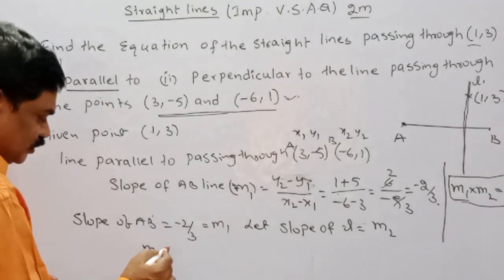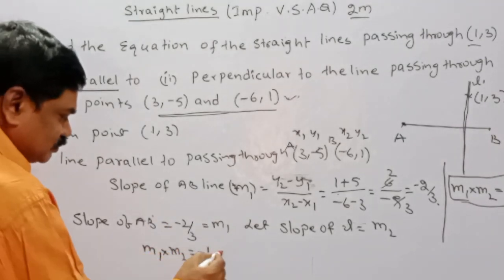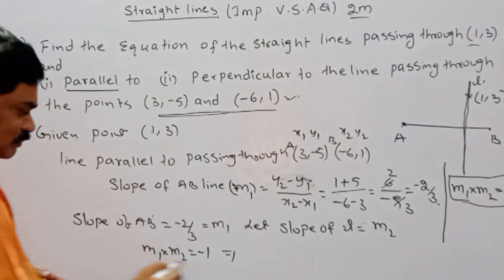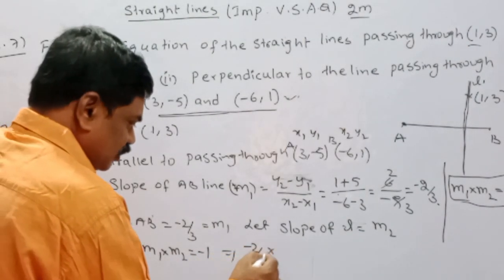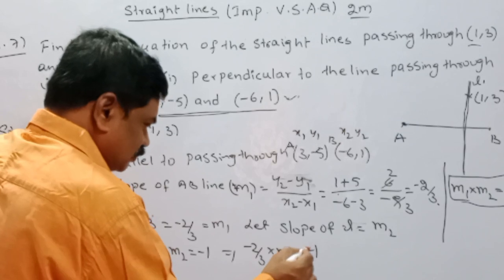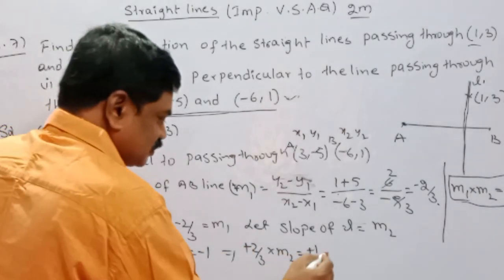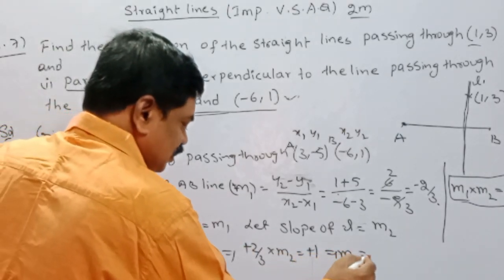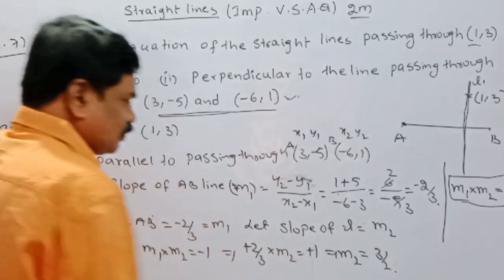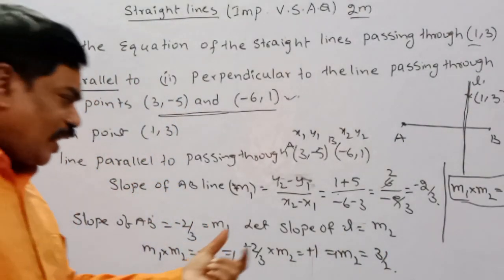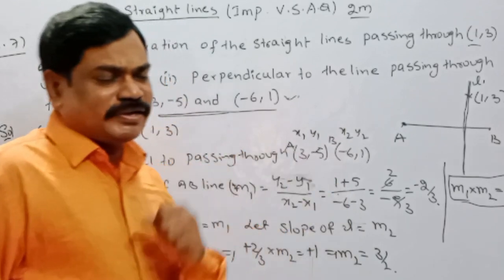So minus 2 by 3 into m2 is equal to minus 1. Minus minus plus, so m2 is equal to 3 by 2. So the required line has slope 3 by 2.